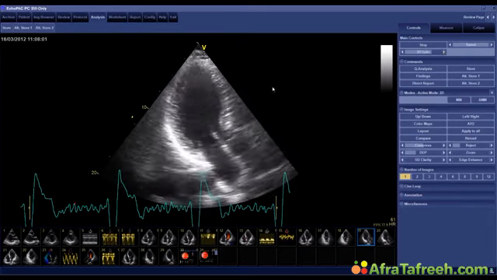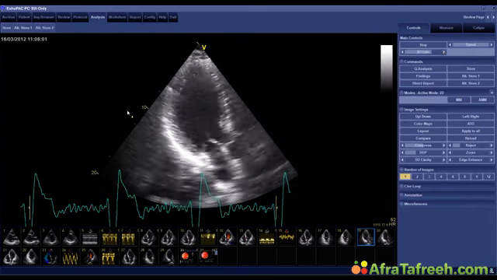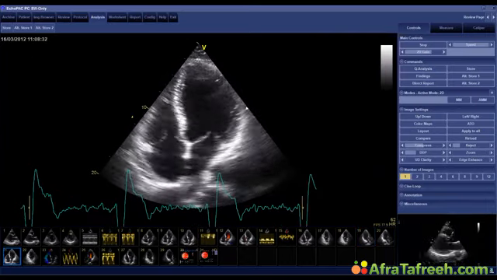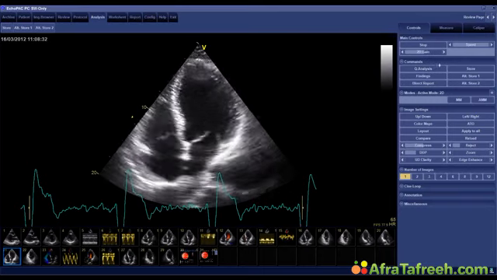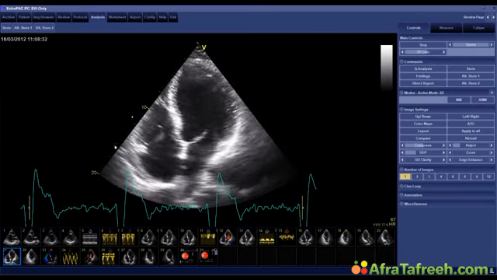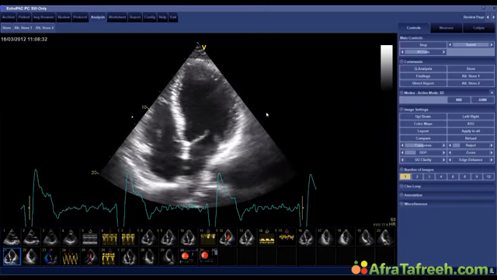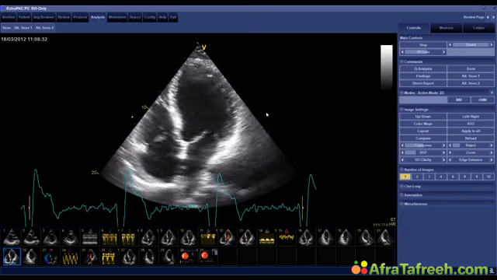Remember, you have to really look at all the different views to get a good estimate of left ventricular function. Okay. You can also take a look at his regional wall motion. Maybe you think he has a regional wall motion abnormality.